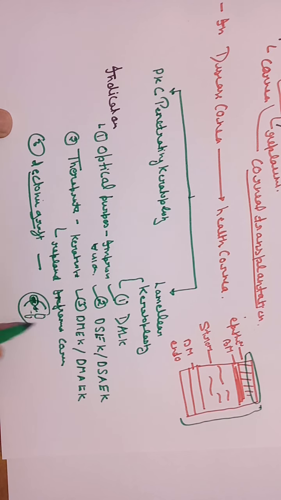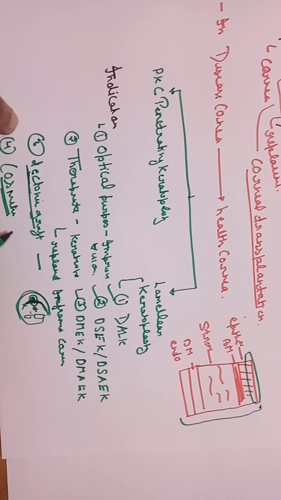In this case, we replace the defective cornea with a healthy donor cornea, by which we balance all these structures. For this we say it is a tectonic graft. Last is cosmetic purpose. Based on the cosmetic purpose, we also transplant the cornea, to improve the appearance of the eye.